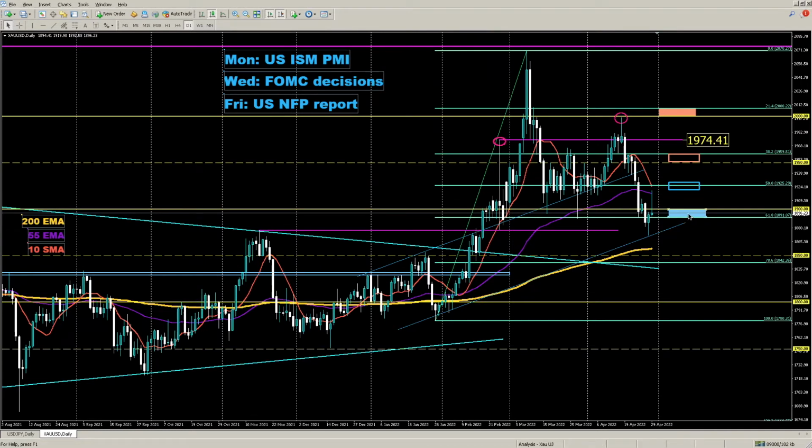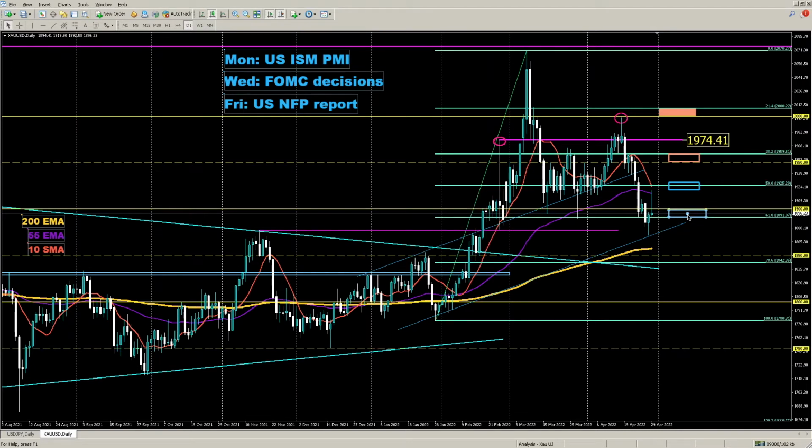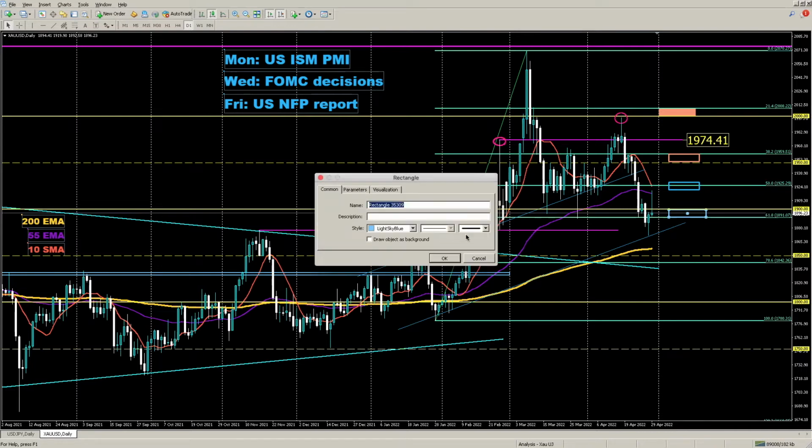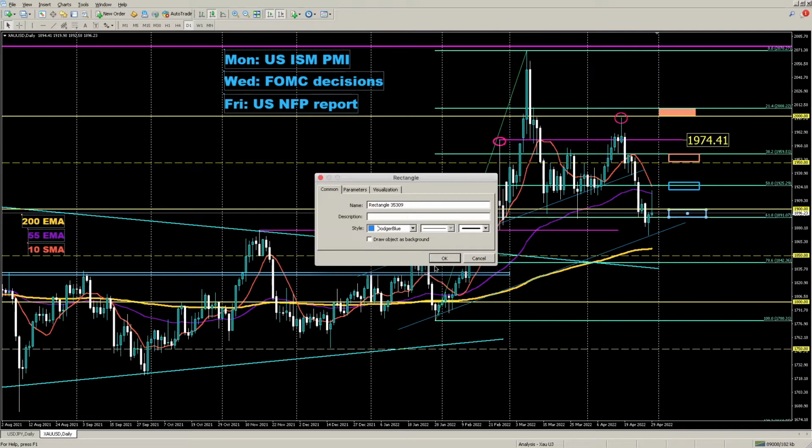So this is now a key support level, and let's change this to an intermediate support zone.